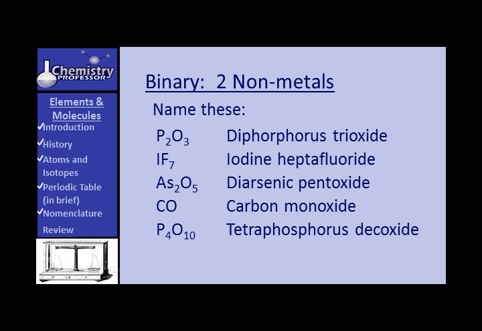Tetraphosphorus decoxide. Have you noticed that, for example, with this one, where we have deca oxide, we have an A and an O, two vowels together, that we very often drop one of them. We just call it dec, and we drop the A, and oxide, decoxide. You will find that makes it a lot less strained, if you will.